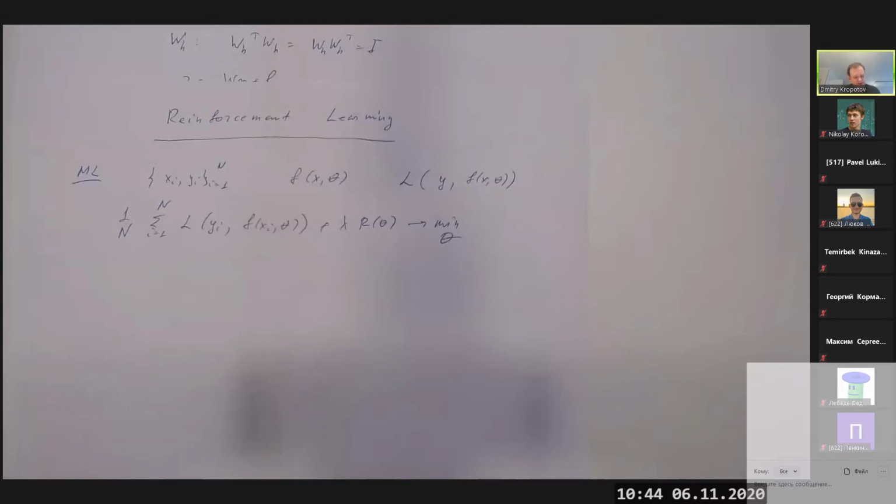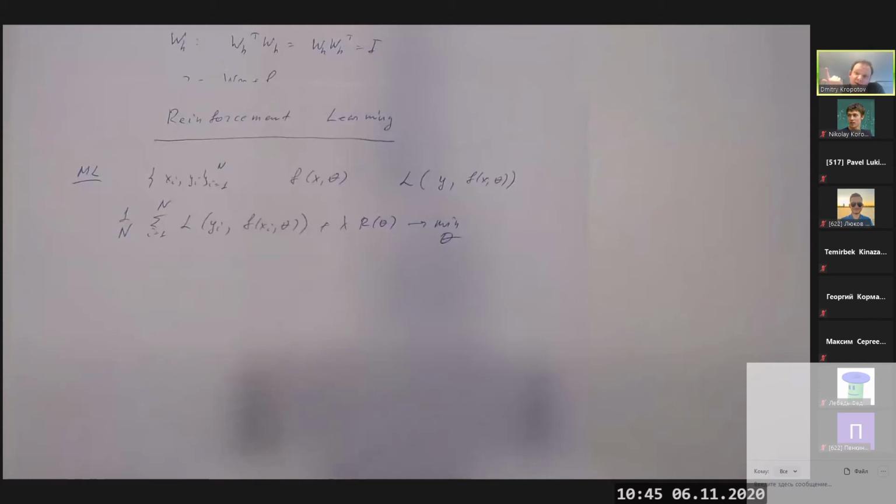So that is again one of the key differences of the reinforcement learning scenario from the machine learning scenario. Not having a training data set, so you should collect your training data set during the training phase.